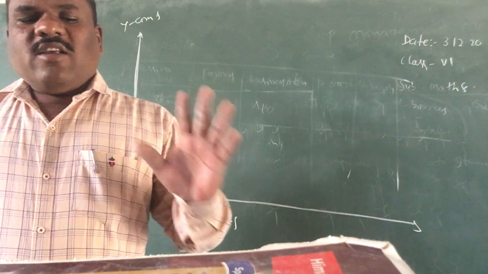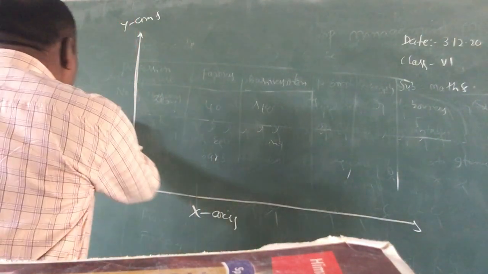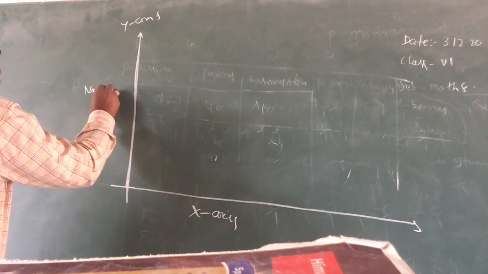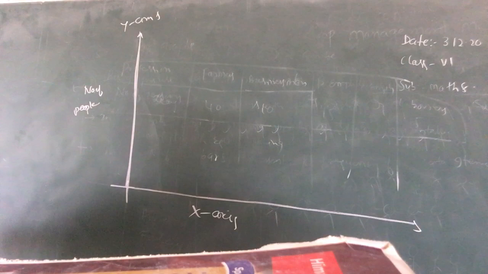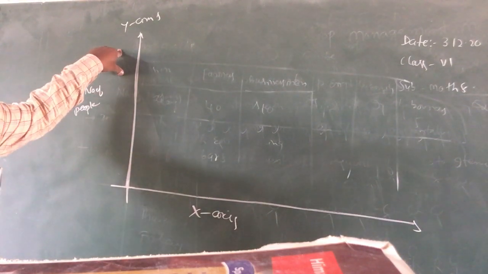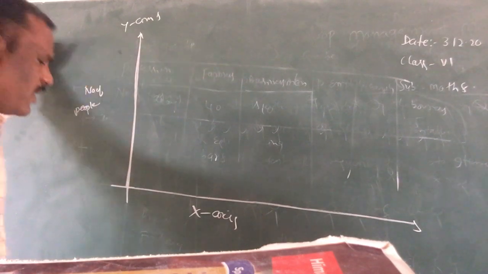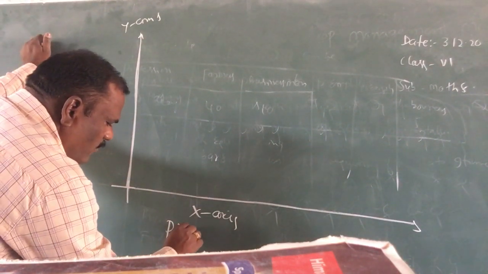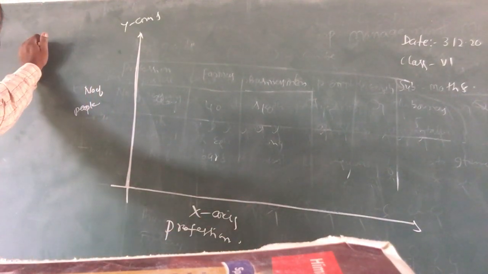Now, along the y-axis, mark the number of people in the colony. And along the x-axis, mark the profession.